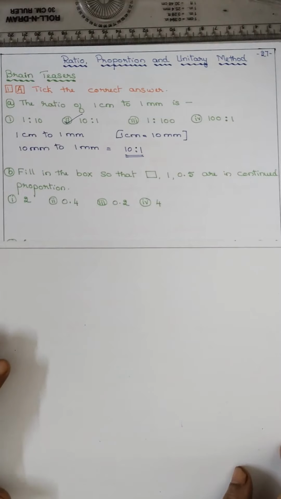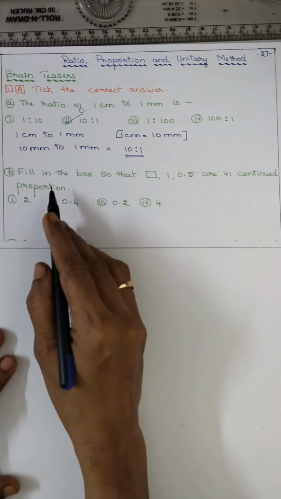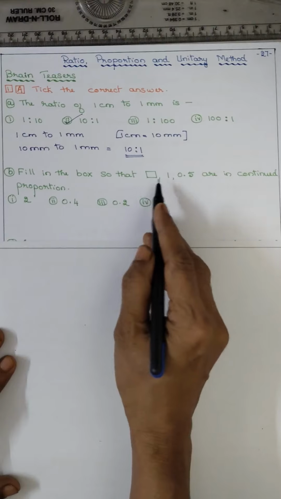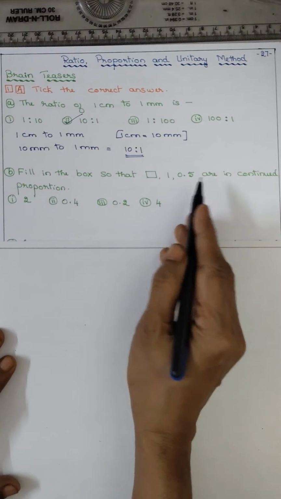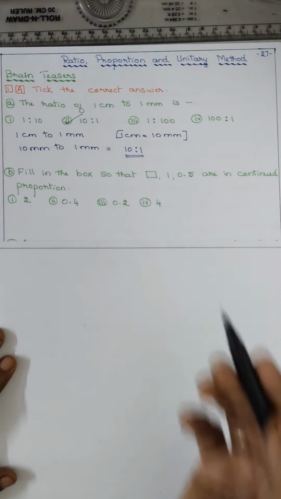Now coming to the second, that is question B, fill in the box so that box, 1, 0.5 are in a continued proportion.